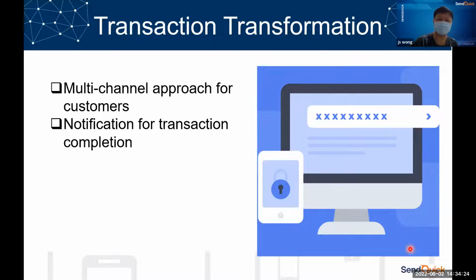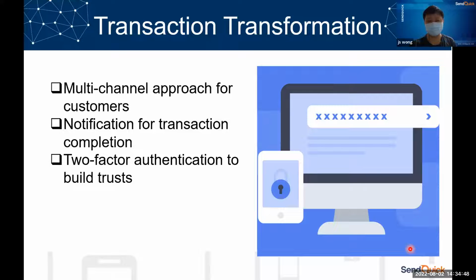Yes, you can send an email, or why not send an SMS or a WhatsApp message? Okay, so that's where small little communication messages are simple but very important, very important to build that trust and to bridge the gap that people may be missing in the online transaction.